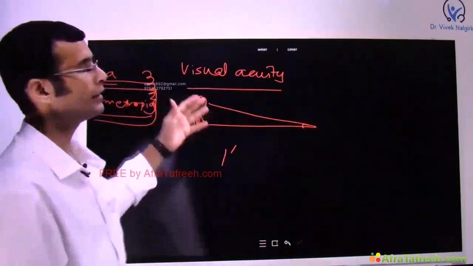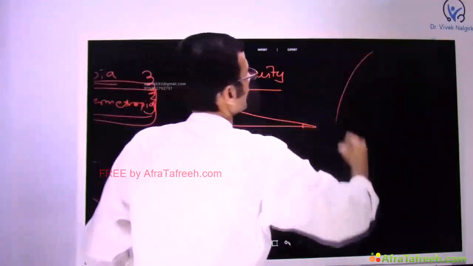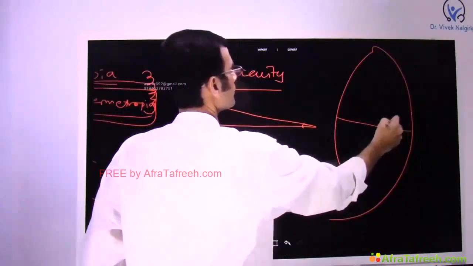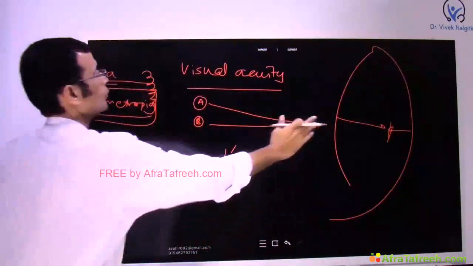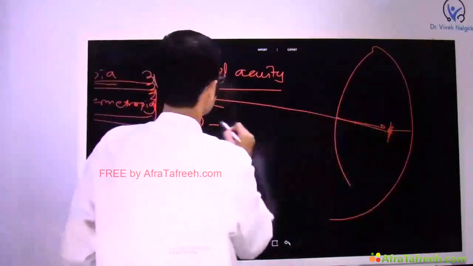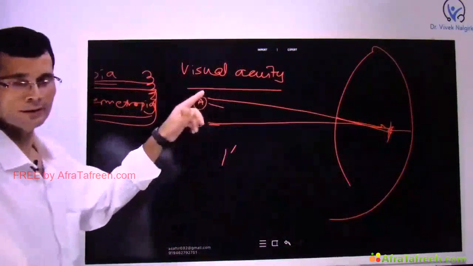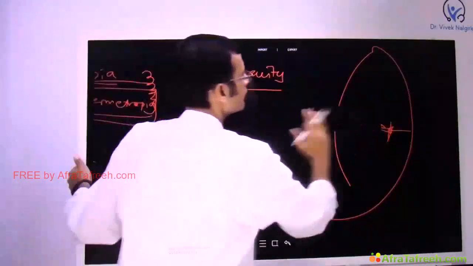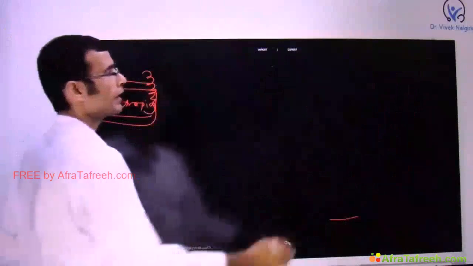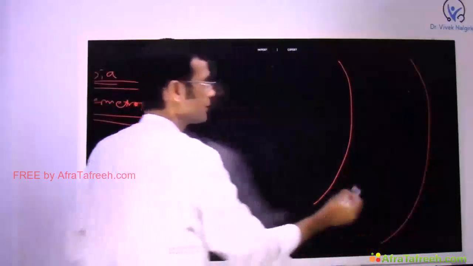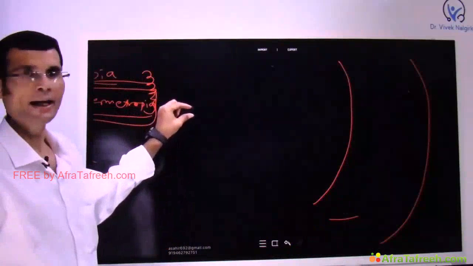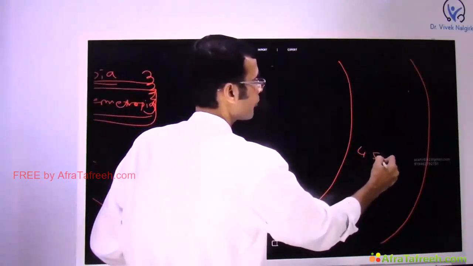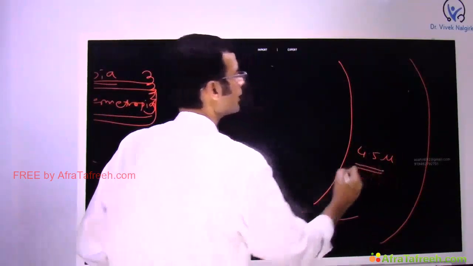Nodal point of the eye is said to be at the junction of anterior 2/3 and posterior 1/3 of the lens. So now the nodal point, these two objects should make an angle of 1 minute or more. What is the meaning of this 1 minute angle? Now that's important to understand. 1 minute angle at the nodal point of the eye corresponds with roughly 4.5 micron distance on the retina.